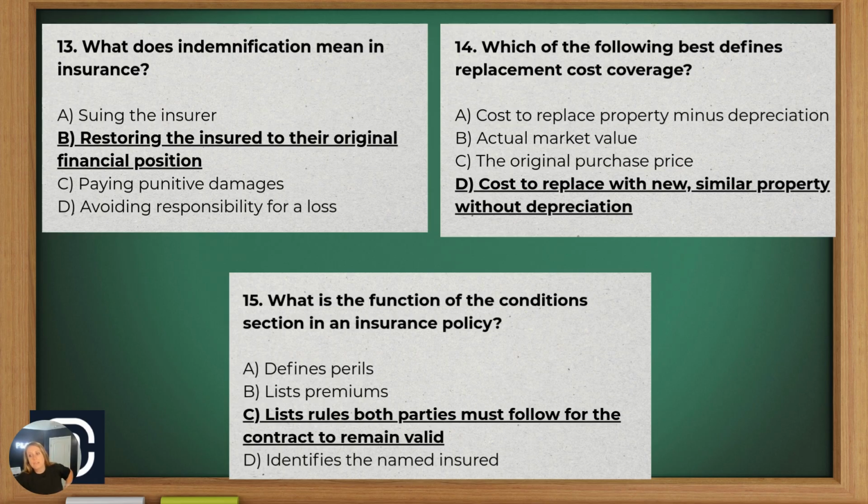And then guaranteed versus extended replacement cost. Really, the difference there is guaranteed replacement cost says that the insurance company will guarantee to pay the full cost that it costs to replace it, right? That's guaranteed. Extended is similar, but they put a cap on it. There might be a percentage.